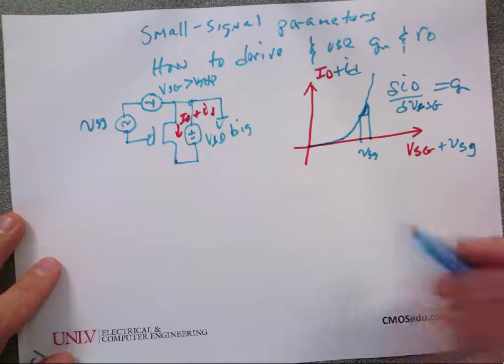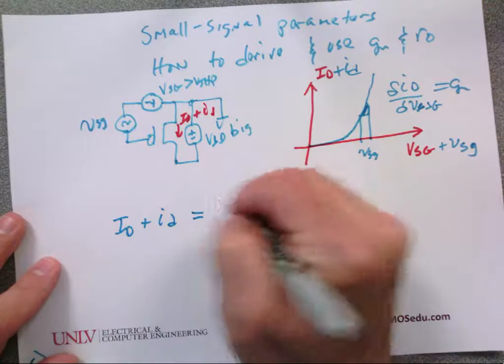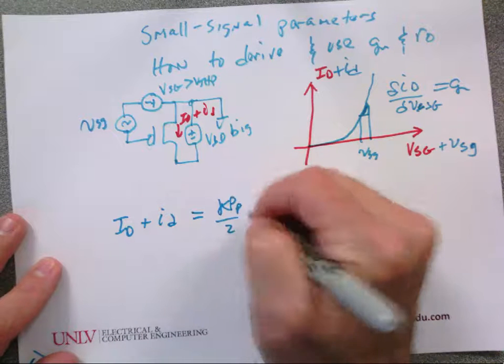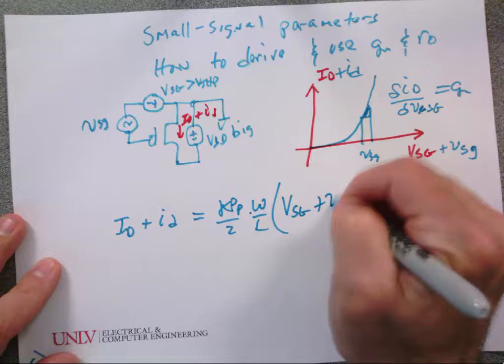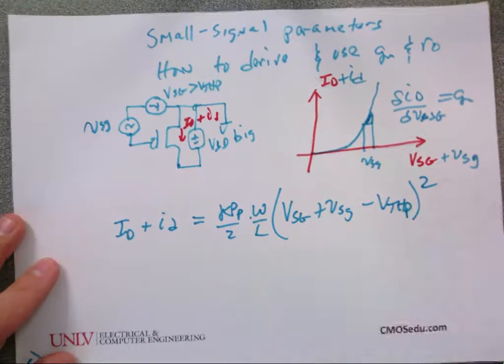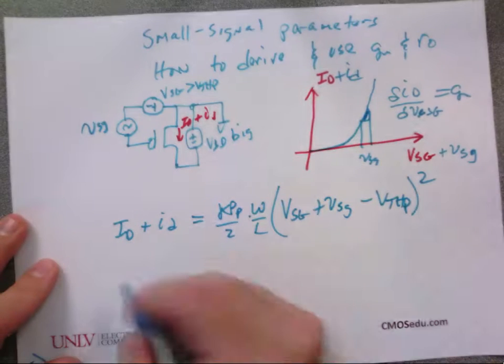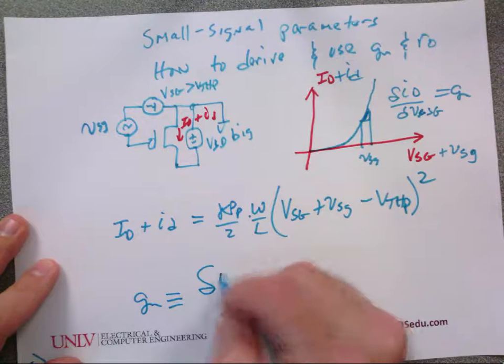So then you go, oh, that's right, ID plus little id equals Kp sub p over 2 times W over L times VSG plus little VSG minus V threshold P, squared. Need to find the slope there. So GM is defined as the derivative of ID.